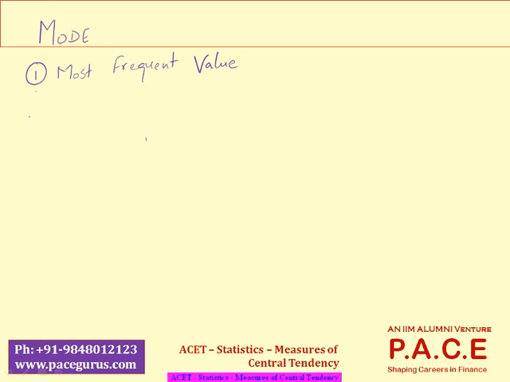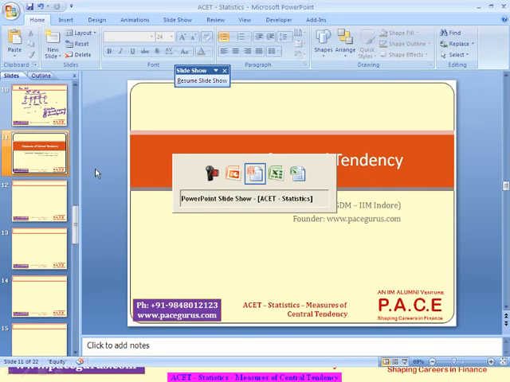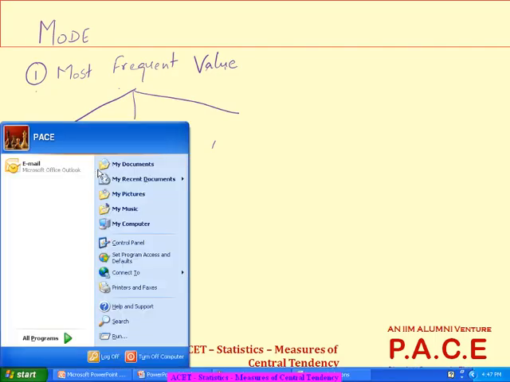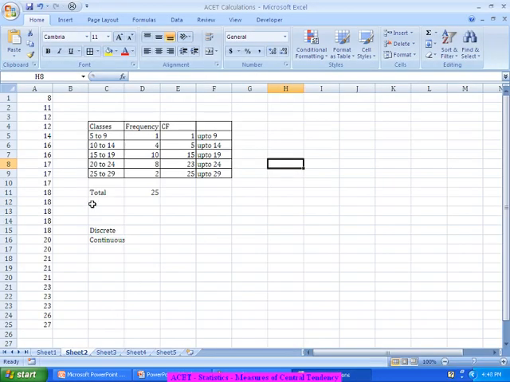Now, as I said, in case I want to look at a completely ungrouped data or a raw data, I will look at the mode. If the data is raw, I'll simply take out the one that is occurring maximum number of times. And we'll go back to our data. If I see in the Excel file which data is occurring maximum number of times, let's say I take this data 8, 11, 12.